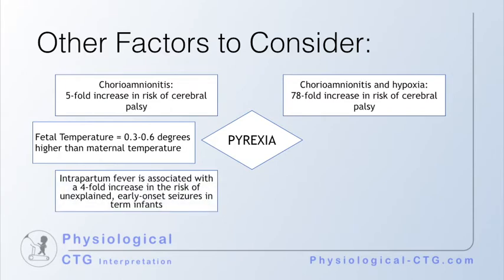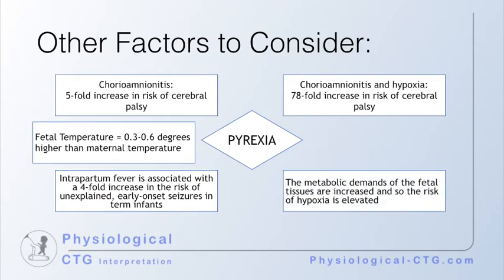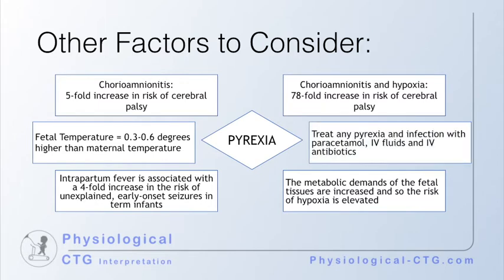Intrapartum fever is also associated with a 4-fold increase in the risk of unexplained early onset seizures in term infants. In pyrexia, the metabolic demands of the fetal tissues are increased, and so the risk of hypoxia is elevated. We should therefore treat any pyrexia and infection with paracetamol, IV fluids, and IV antibiotics.